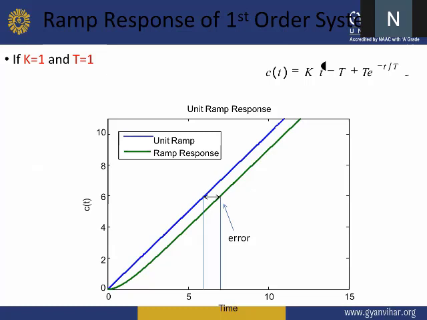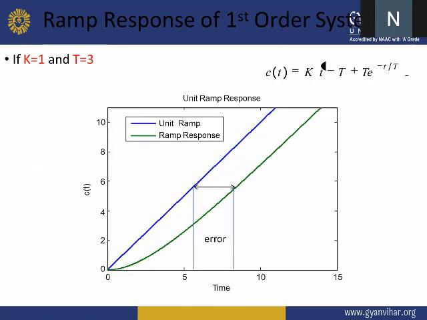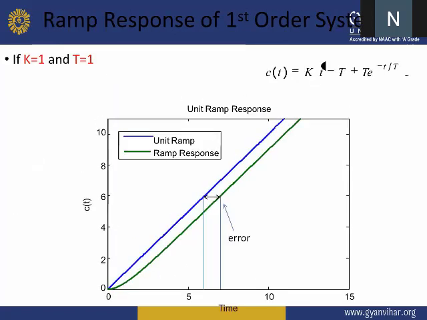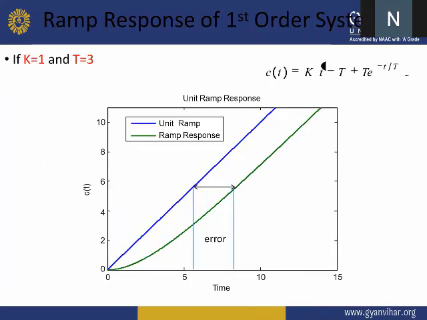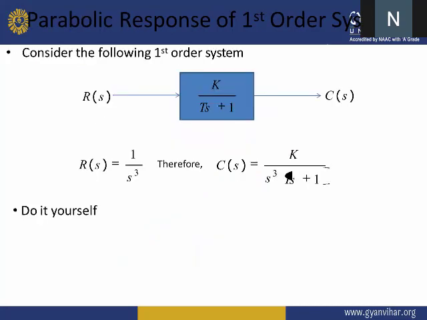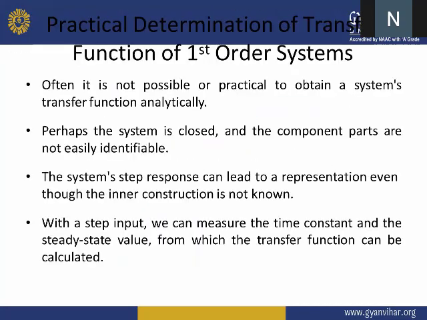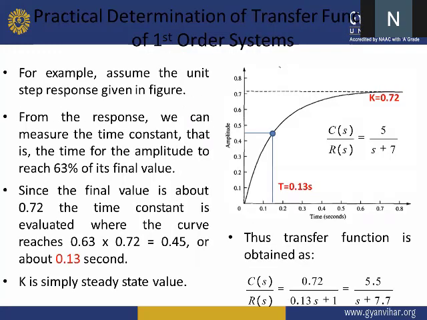Now in the ramp response, with the increase in the time constant, the error is increased, which is quite different from the previously discussed cases, that is, the impulse and step responses. We have also seen the parabolic response. We have seen the partial determination of the transfer function of a first order system.